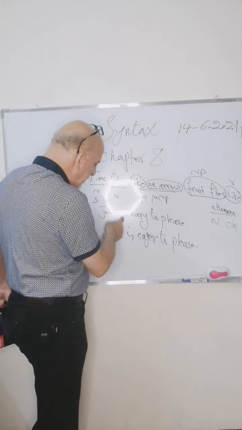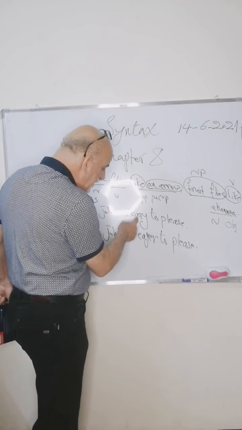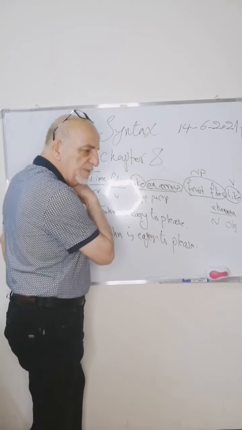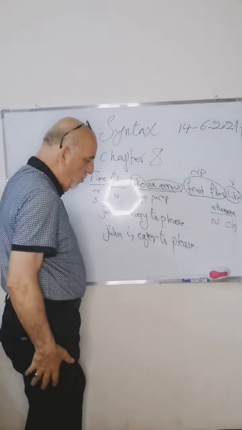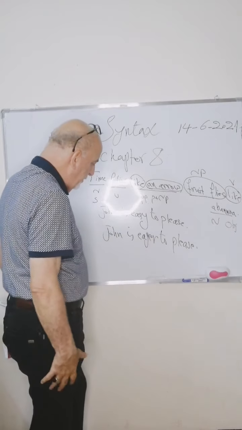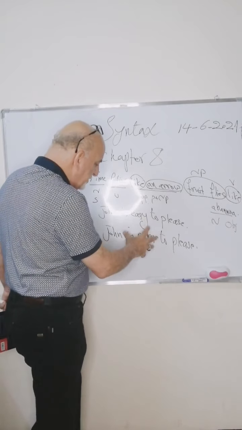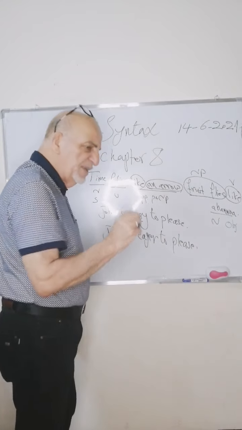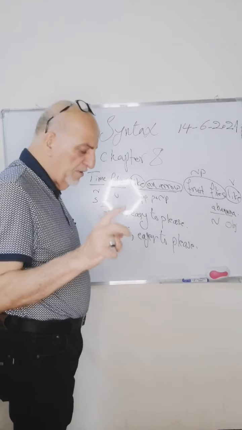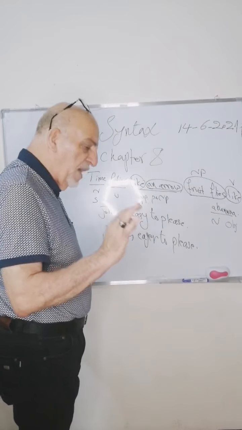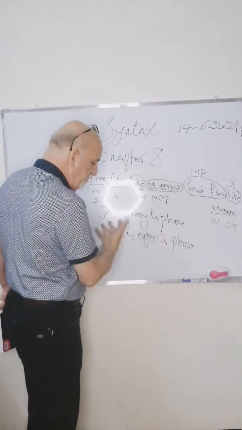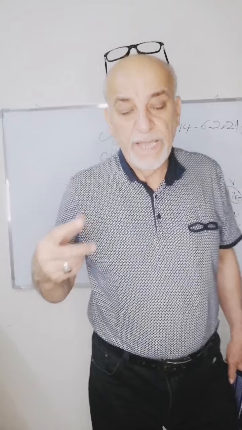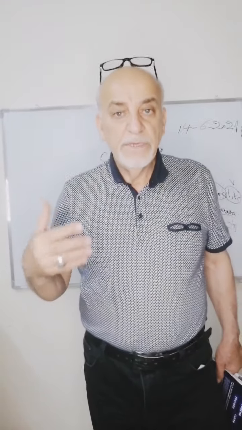John is easy, with an adjective here; eager is an adjective. To please, and this is to please. The same complement. Now these two sentences are identical in structure, but as a matter of fact, they are different.